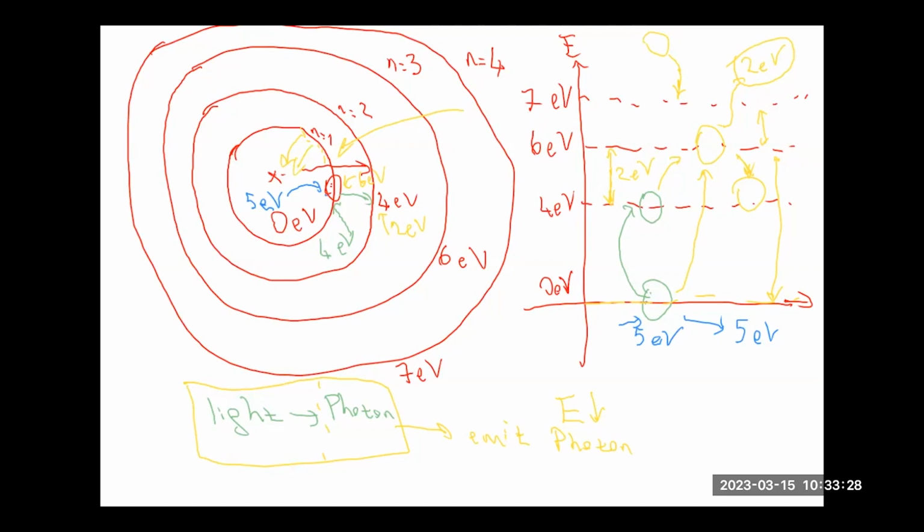So please tell me the electron energy states. Let me just reset. Electrons have discrete energy states and they tend to occupy the lowest available energy state. Let's check the lowest available energy state.